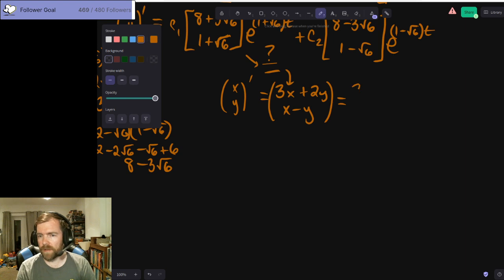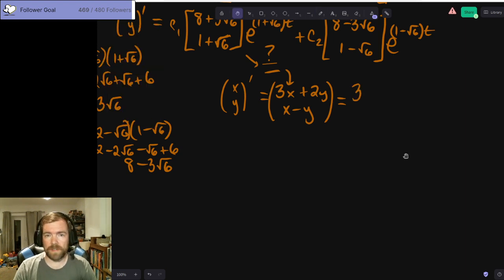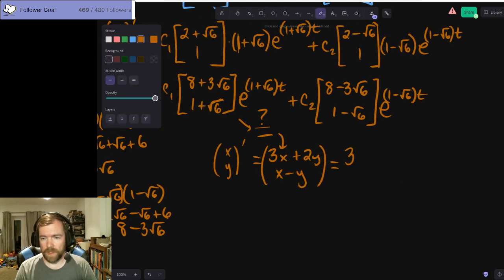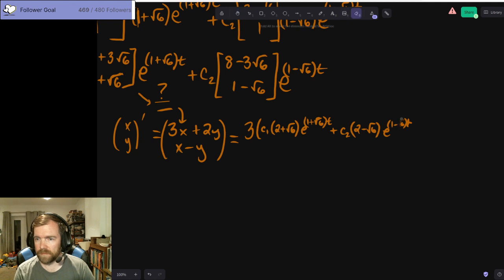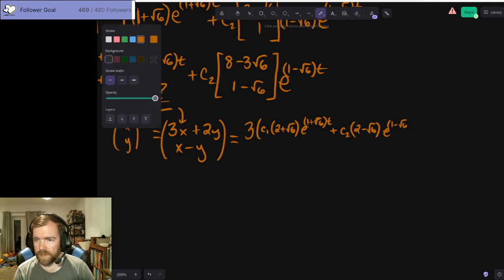Alright, so 3x, the original x, is going to be c1 times 2 plus root 6, e to the (1 plus root 6)t, plus c2 times 2 minus root 6, e to the (1 minus root 6)t.